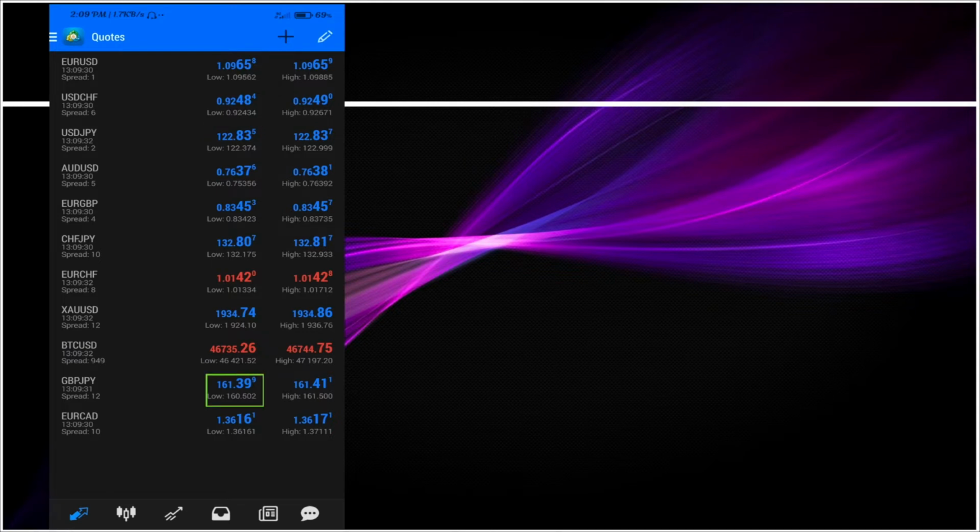GBP JPY, like I said already, for the fact that this pair has JPY in it, we have to start calculation from the second number after the decimal point, and that is 9. Let's assume that GBP JPY makes a move of 200 pips. The new value will be 163.39. 9 here is your unit, 3 is your tens, and the other 3 is your hundred.